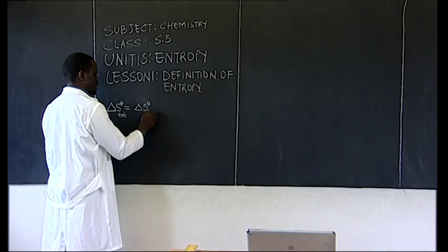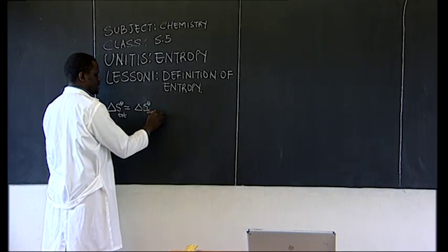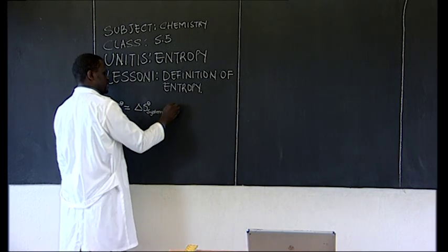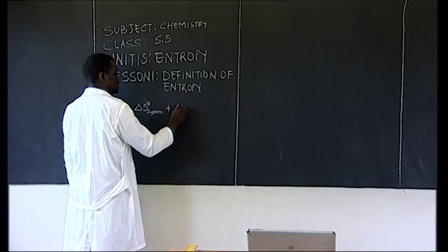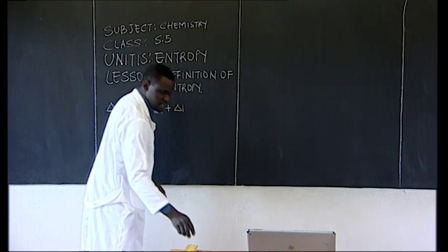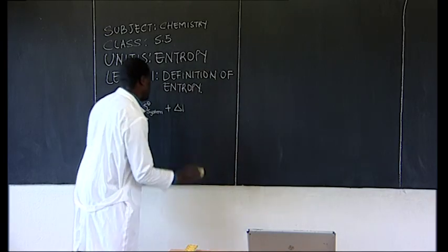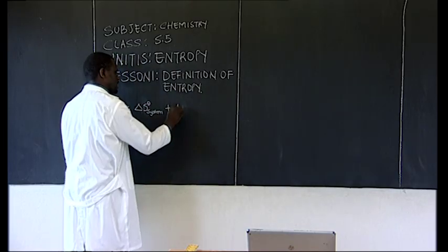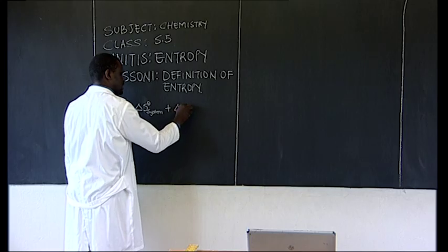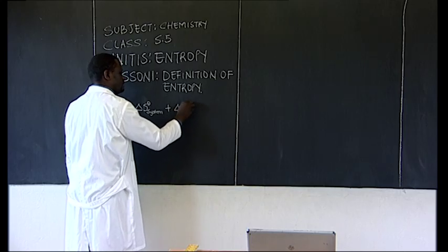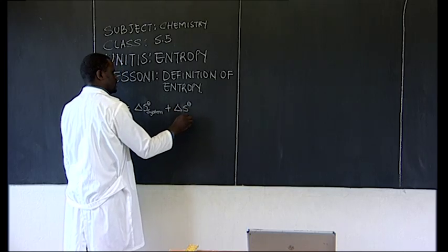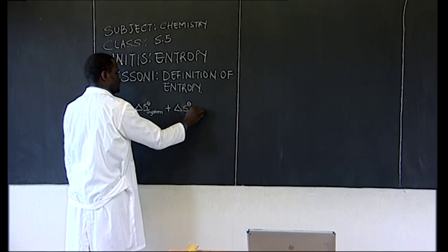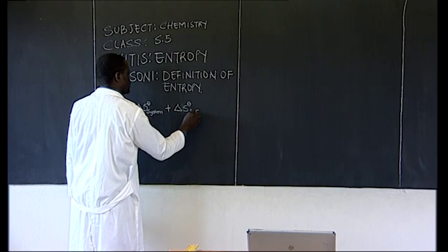Now we are used to using enthalpy because of our previous topic, plus change in entropy of the surrounding. So, excuse me, because of the previous lesson, we are used to writing H. So the total entropy will equal this one, plus the entropy of the surrounding.